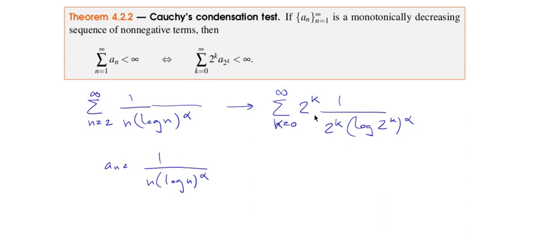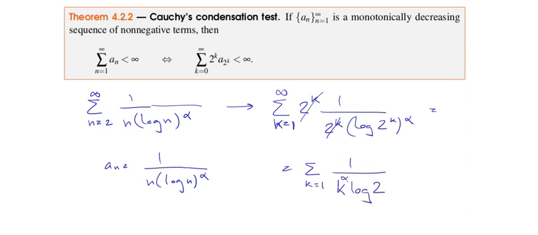Let's see, 2 to the k and 2 to the k cancel each other out, so then we have the sum from k equals... well, in this case it has to be 1, right? Because if k equals 0, then 2 to the k is 1, and the logarithm of 1 doesn't exist, so this is from k equals 1 of 1 over, and this is exactly the same as k times logarithm of 2.